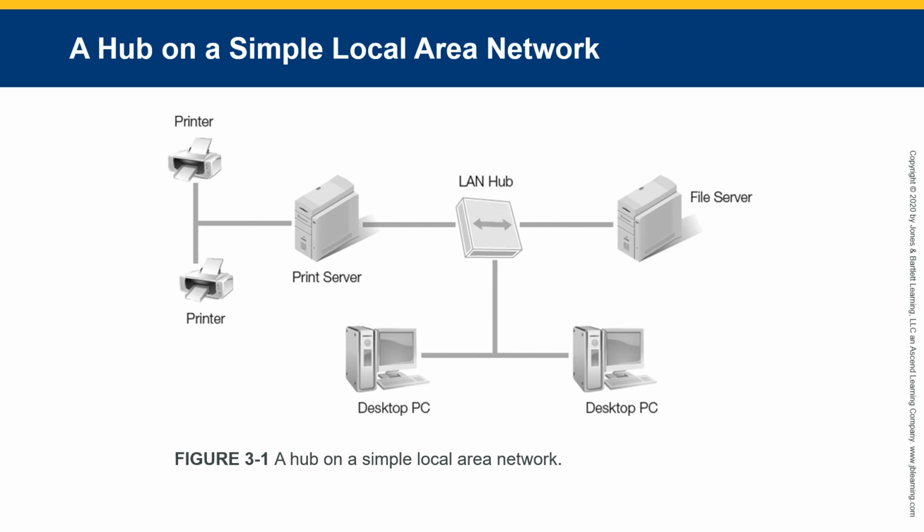And this LAN hub was something very simple because anytime some traffic occurred, let's say from the PC desktop trying to connect to something on the file server, with the hub, every device on the network would get a copy of that packet. So everyone got a copy of all the transmissions, and that just kind of led to congestion of the wire. So that's why we don't see hubs that much anymore.